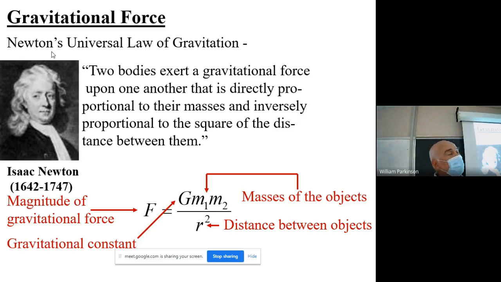Now this magic number is universal, meaning it doesn't care if M1 is you and M2 is me. It doesn't care if M1 is the Earth and M2 is me. It doesn't care if M1 is the sun and M2 is Earth. The same magic number G works for everything in the universe.